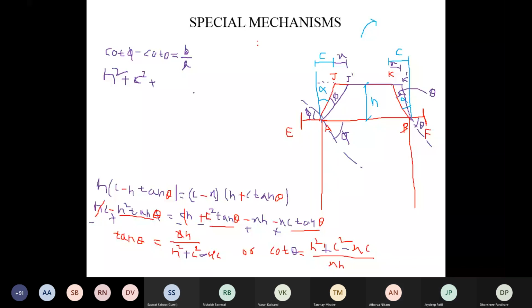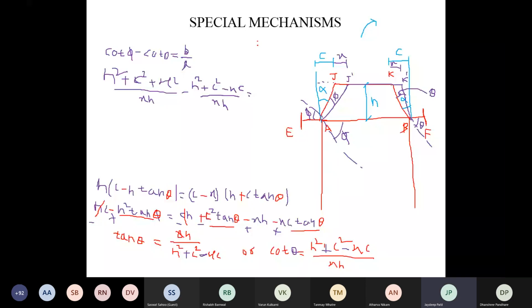Okay, h square plus c square plus xc divided by xh minus cot theta, which is h square plus c square minus xc divided by xh, is equal to b by l.